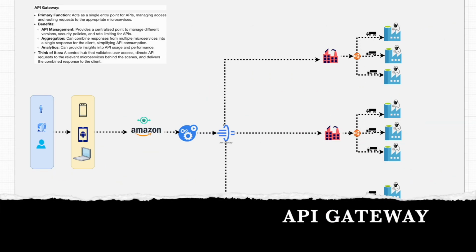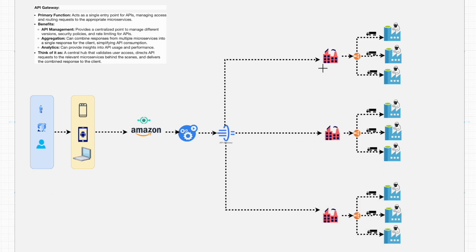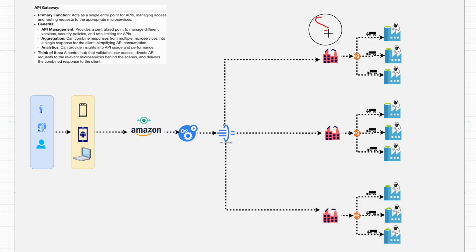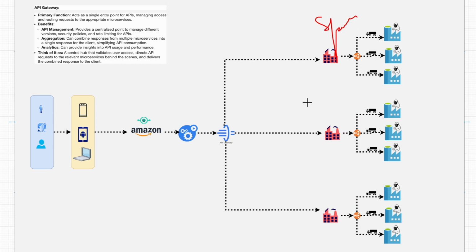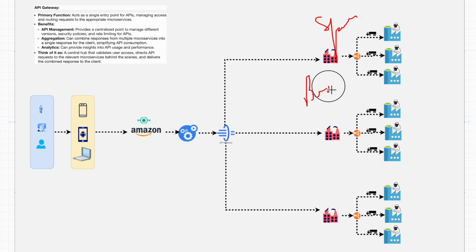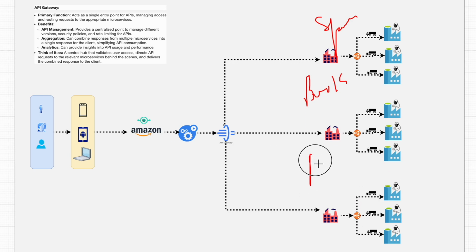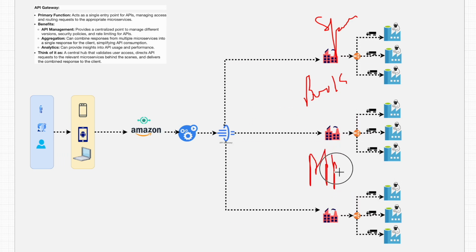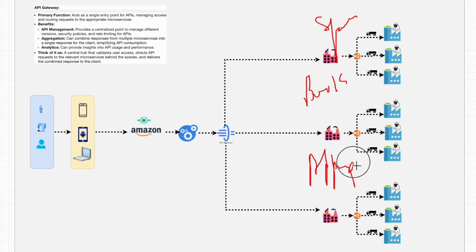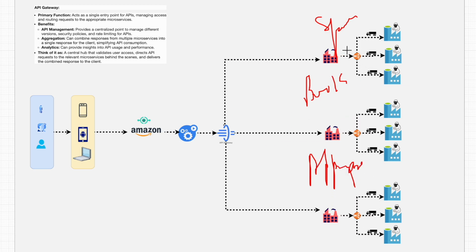Now the API gateway. Let's say there are sports goods which we require, books which we require, and apparels which we require. Everything cannot be apparels, and everything cannot be given by one factory.